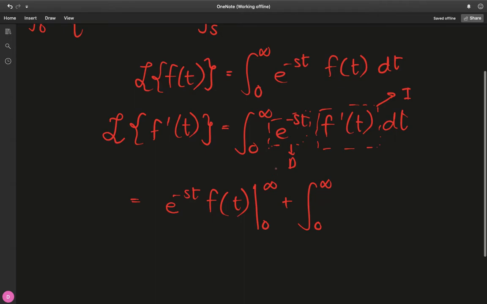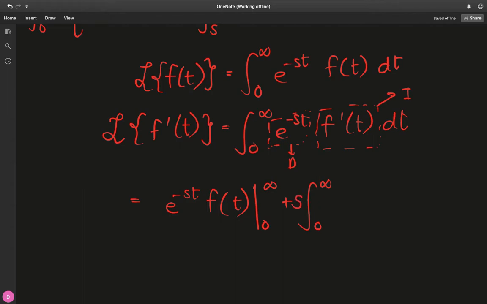Sorry, we're not integrating that, we're differentiating it. So we need to bring an s, and the negative got cancelled with the original negative, because the derivative of e raised to negative st has a negative in it.